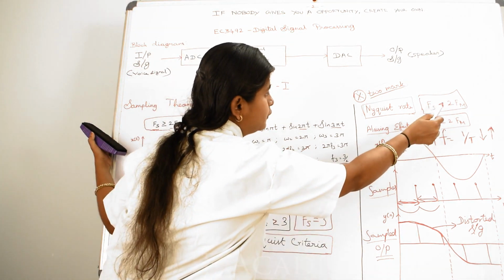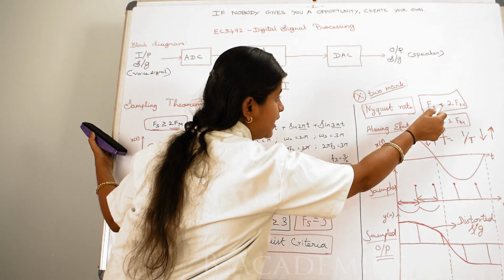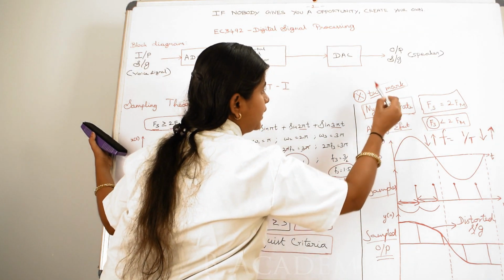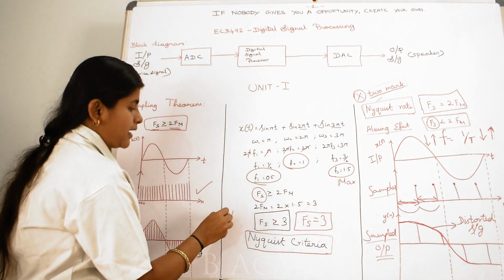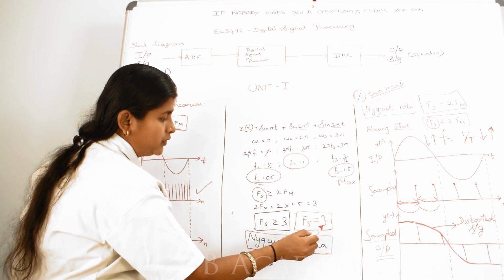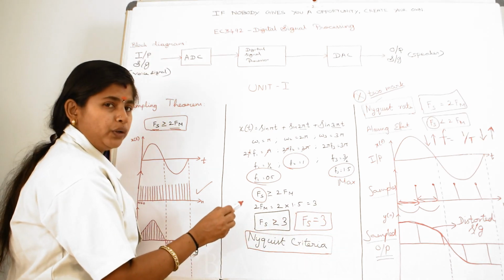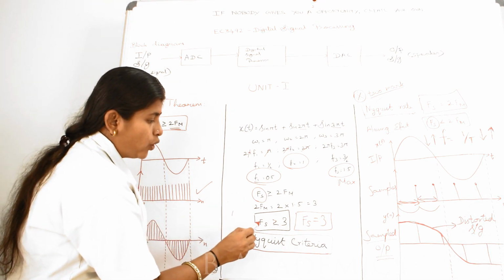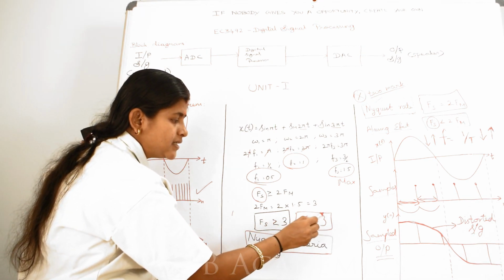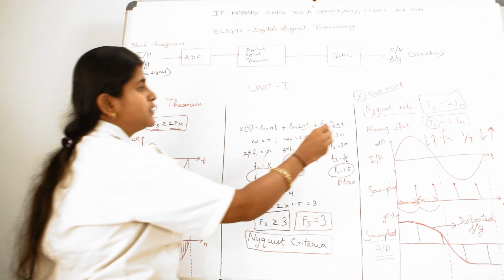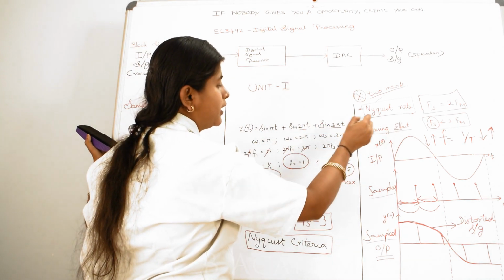When Fs is exactly equal to 2Fm, twice the maximum frequency, it is said to be the Nyquist rate. For this example, the Nyquist rate is Fs exactly equal to 3. This means that to get your original output signal without any distortion, you should keep the sampling frequency at 3 or greater than 3. This is one of the most important 2-mark questions in this topic.